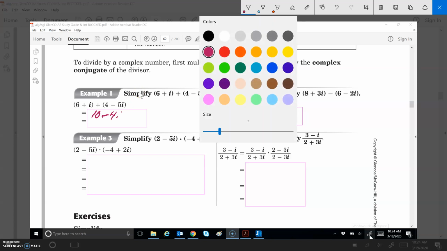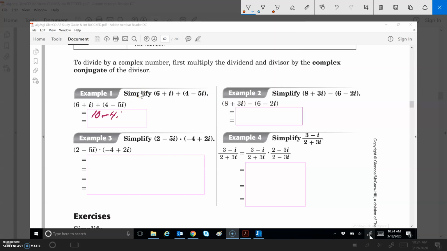Okay? All right, so example 2 here: 8 minus 6 is -2, and 3i minus a -2i. What happens when we minus a negative? That's plus. So 3 plus 2 is 5. That's positive.